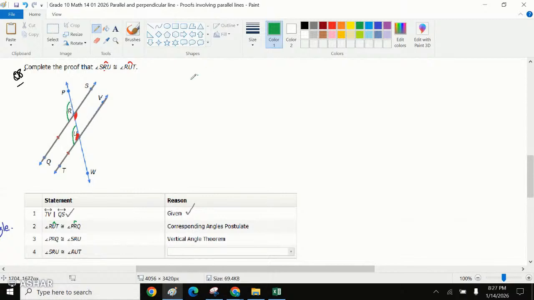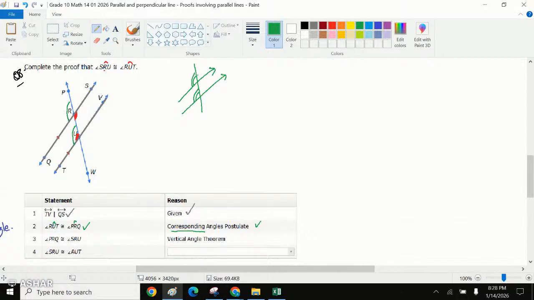And we know that whenever we have pairs of parallel lines and a line is intersecting, then these two angles are always known as corresponding angles, right? We agree on that? That is a pair of corresponding angles.